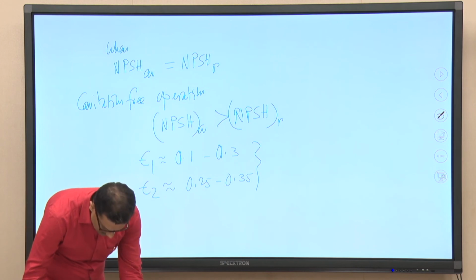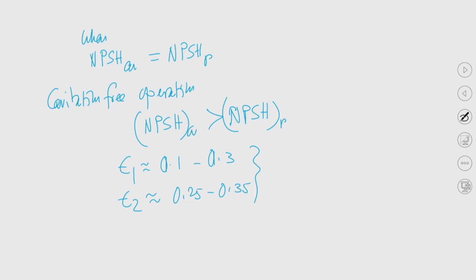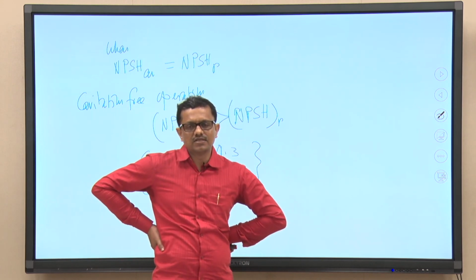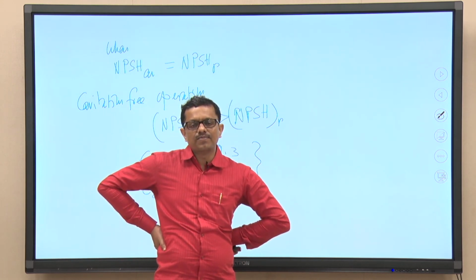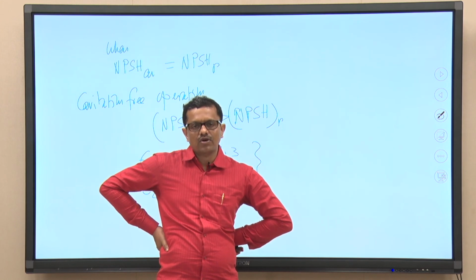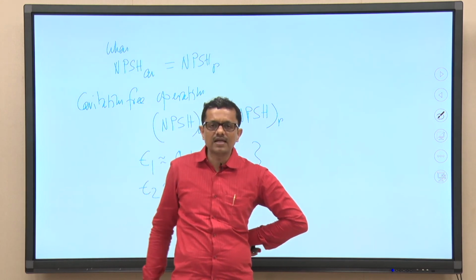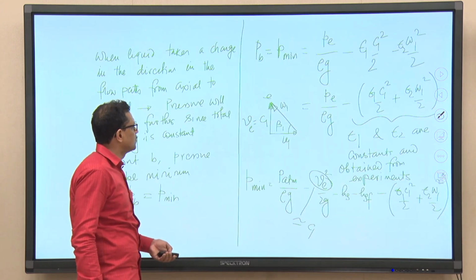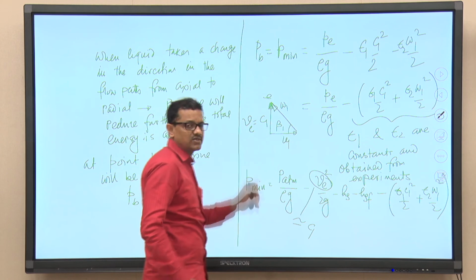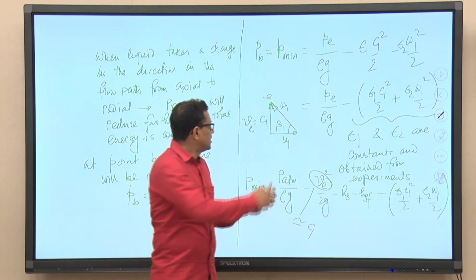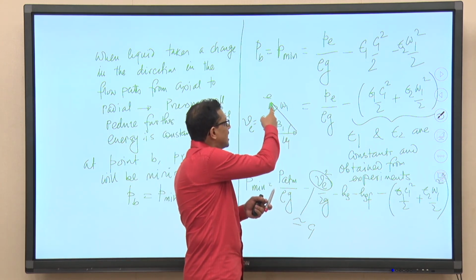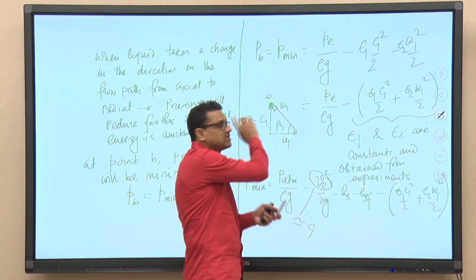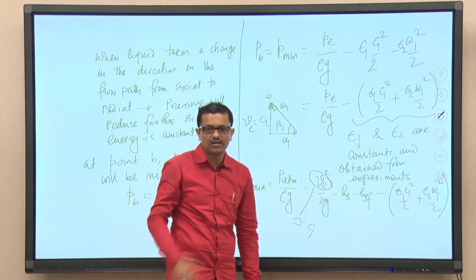Okay. To summarize today's discussion, we have identified that in addition to the system parameters in which the pump is installed, the design parameter of the pump also plays an important role. What is the design parameter? If we go back to the previous slide, beta 1 should be taken in such a way that, depending on the magnitude of beta 1 at point E, W1 and C1 will depend, because E1 is fixed, which we cannot control.